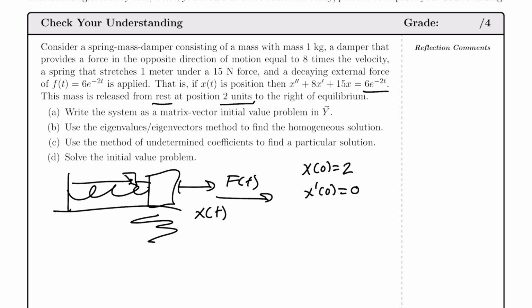And x of t here is that position function, okay? X prime of t would be velocity.